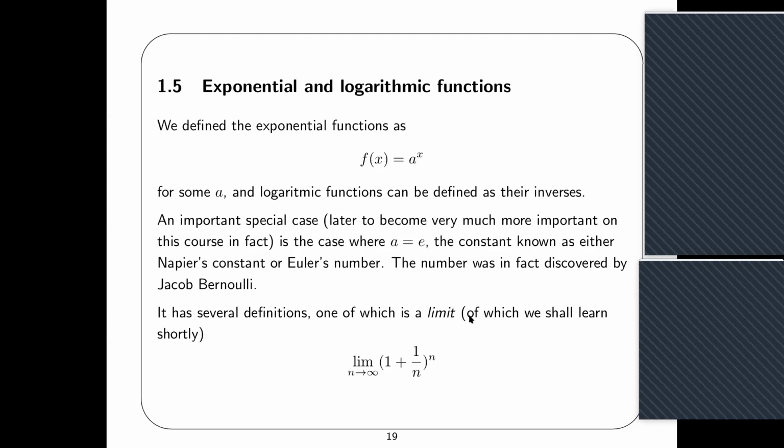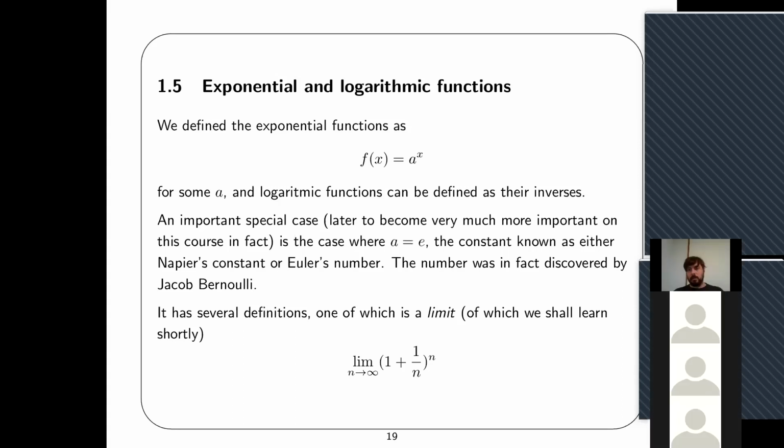We already discussed the exponential and logarithmic functions. We define the exponential function as f of x is equal to a to the power of x, and then logarithmic functions can be defined as their inverses. One very important special case that will become more and more important in the latter part of this course is the base E, or the natural based exponential function.